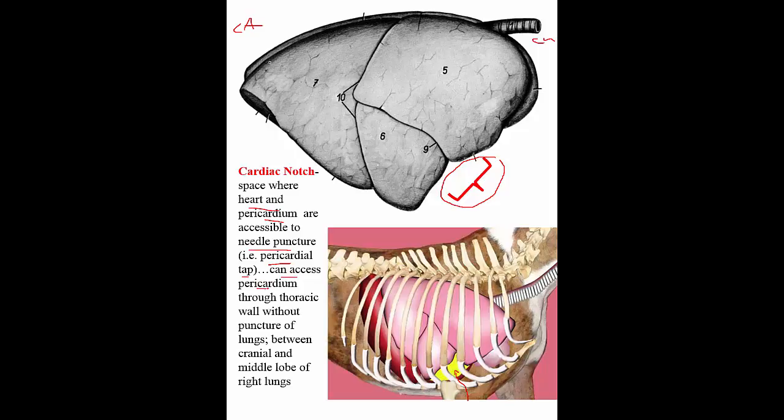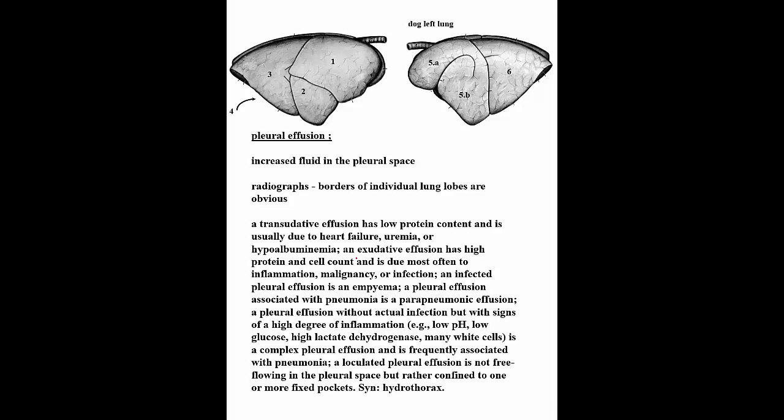This is where you can access the pericardium through the thoracic wall without the danger of puncture of lungs. And again, on the right side of the dog, this is between the cranial and middle lobes. So this is the cranial lobe, this is the middle lobe on the right side, and this space in here is called the cardiac notch. You should be aware of that term and what it means. It is a space accessible to pericardial tap, reducing the risk of hitting the lungs.